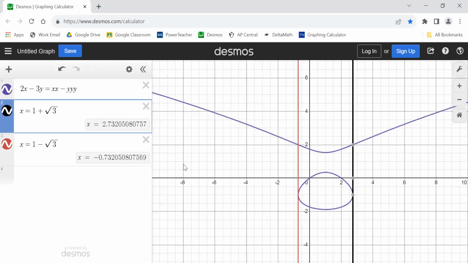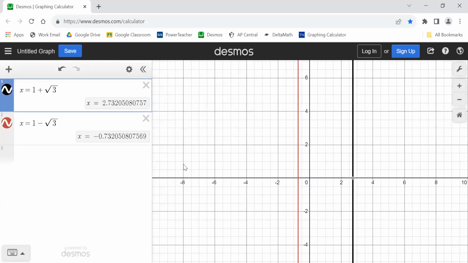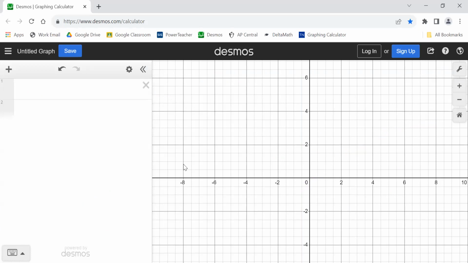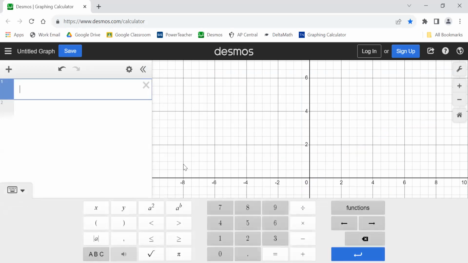And if we go into Desmos, we should be able to take a look at what we've got here. Our original equation was 2x squared minus 2xy plus y squared minus 4 equals 0.